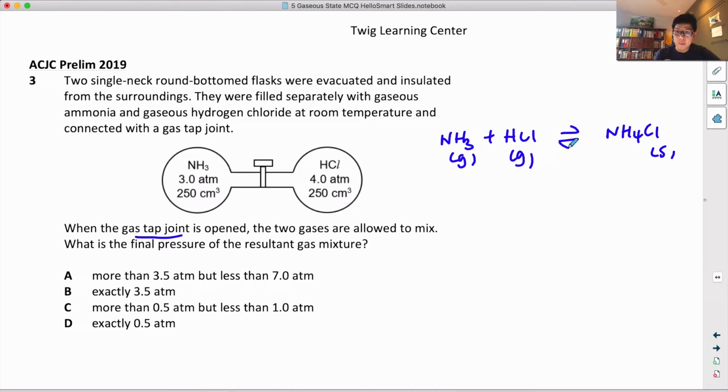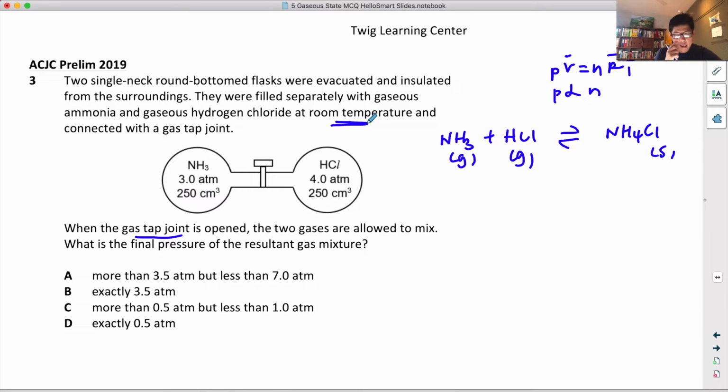Typically, if there's no change in volume, PV equals nRT, so pressure and moles are proportional if volume and temperature don't change. In this question, the temperature didn't change, but of course the volume did change, because once you open the gas tap joint, the volume which both gases can move around in has increased.